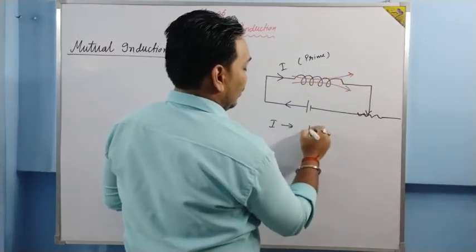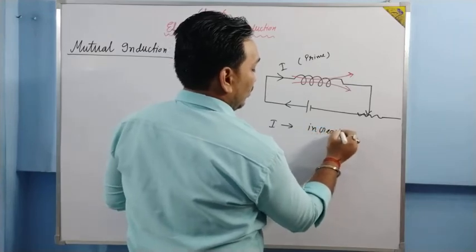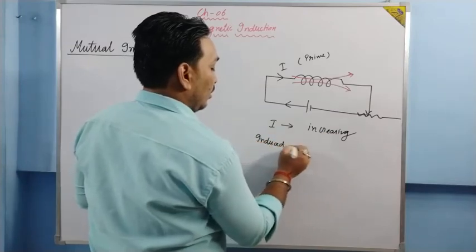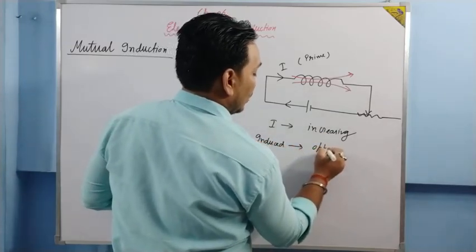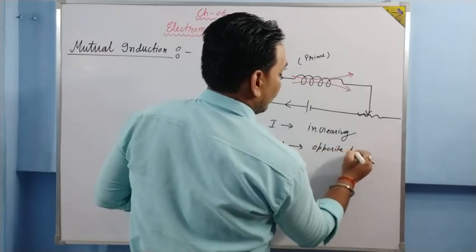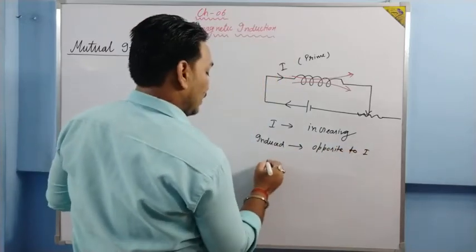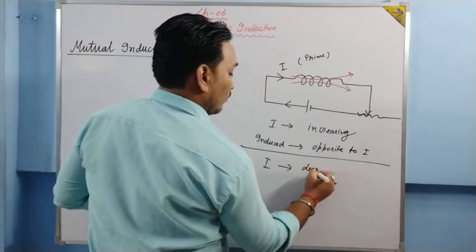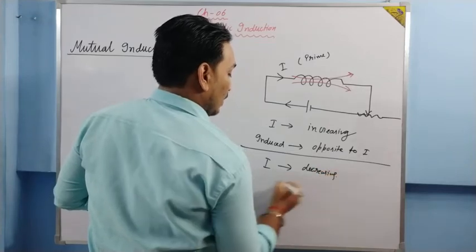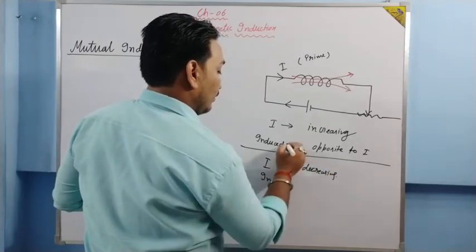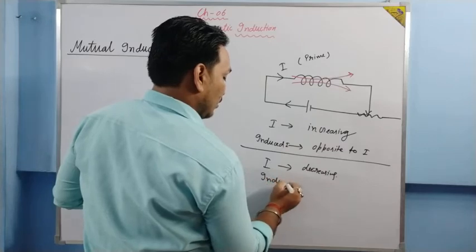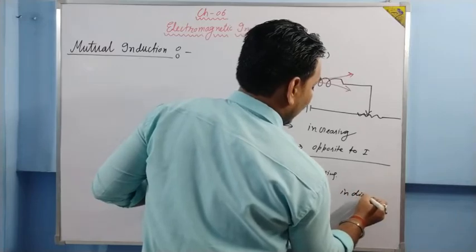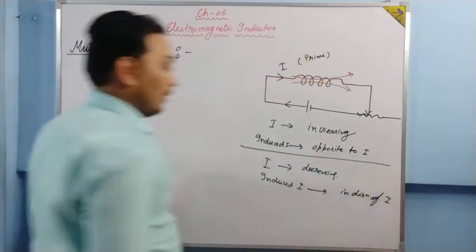If this I is increasing at a particular moment, in that case induced current will be opposite to I. And if this I is decreasing, then the induced current will be in the direction of I. Right?